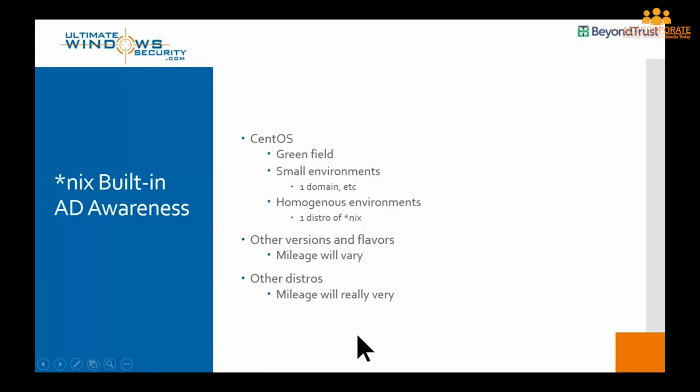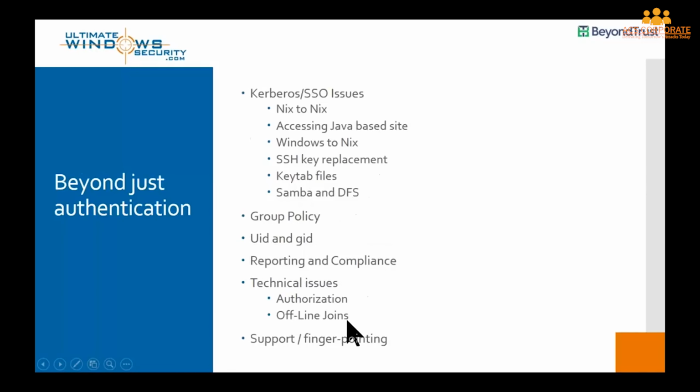So what I'm finding is, if you've got CentOS and a greenfield, a pretty small environment of one domain and one distro of Linux, and you're not having to map to existing accounts, this works pretty good. If you've got other versions and other flavors and distros, then your mileage is going to vary more and more. And then there are other issues beyond just authentication.